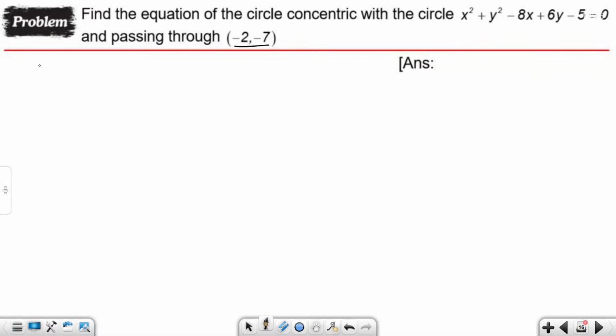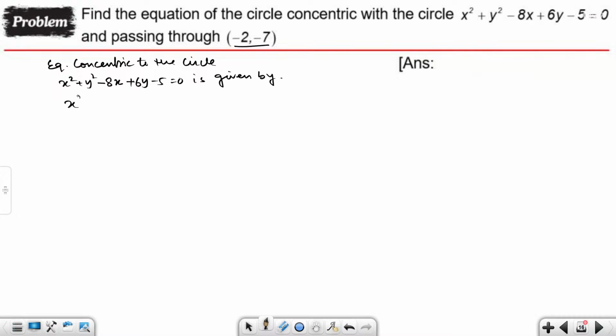Any equation concentric to the given circle is given by x square plus y square, everything remains the same, only this constant will be changed.